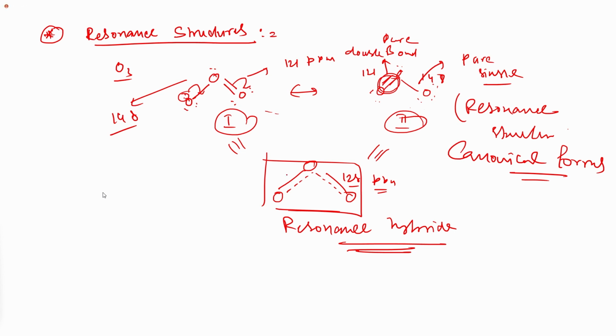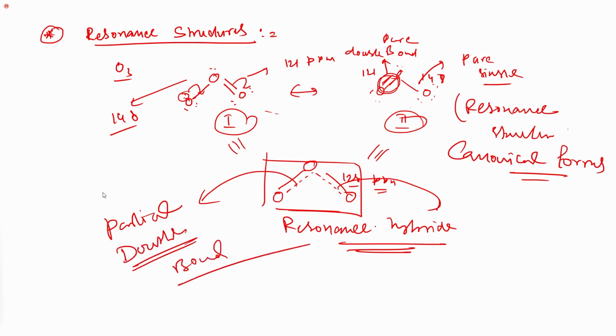But in the resonance hybrid, these are not pure double bonds and not pure single bonds. This is a partial double bond. There is some double bond character, but it is not fully double bond character.